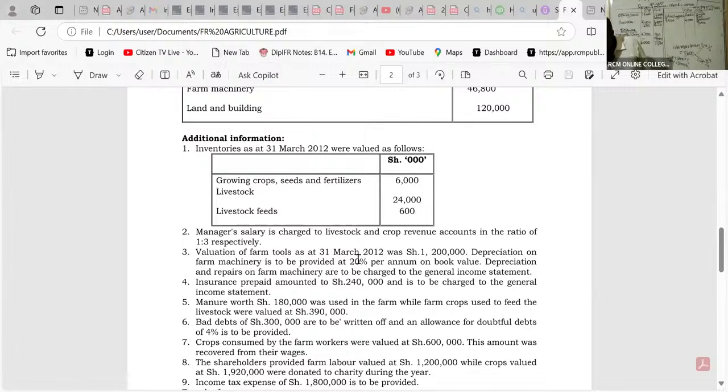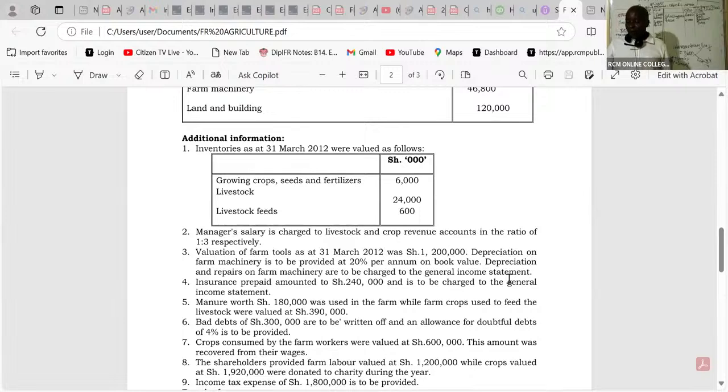Depreciation and repairs on farm machinery are to be charged to the general income statement, so I can't bother about it at the moment. Note 4, insurance prepaid amounted to 240,000 and is to be charged to the general income statement. That cannot affect our specific revenue biological asset accounts.